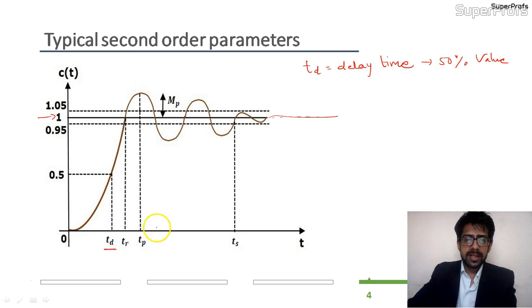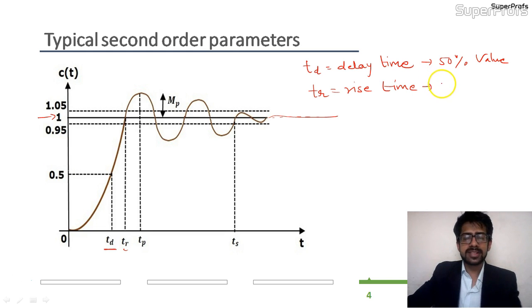Then the next parameter is TR, which is known as rise time, which is nothing but the time required by the system output to reach 100% value initially. So delay time is the 50% value of the desired output, and rise time is the time required to reach the actual desired output.